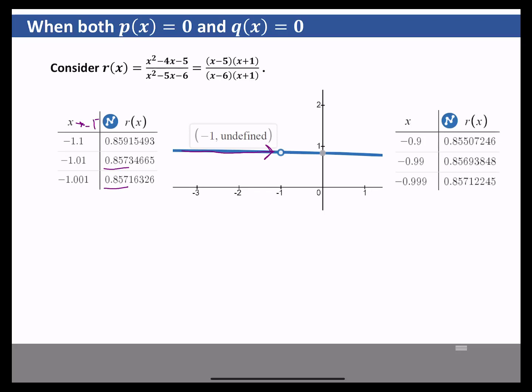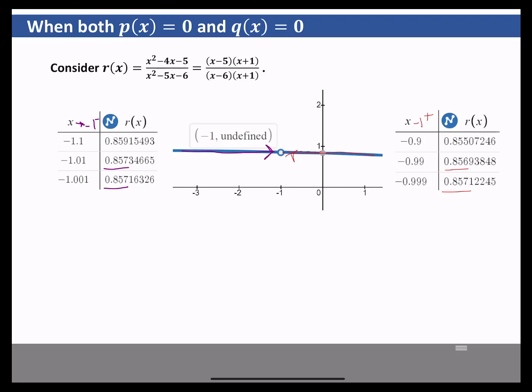And as x approaches negative 1 from the right, the output values seem to be getting closer to maybe 0.857 something again. So indeed, we see on the graph this missing hole is something just shy of 1.